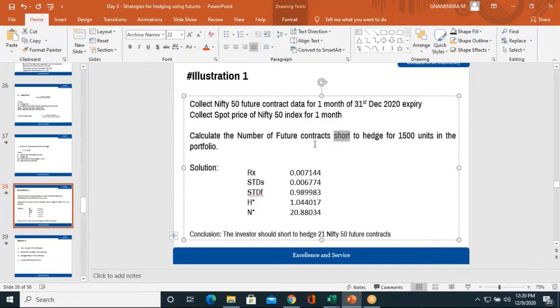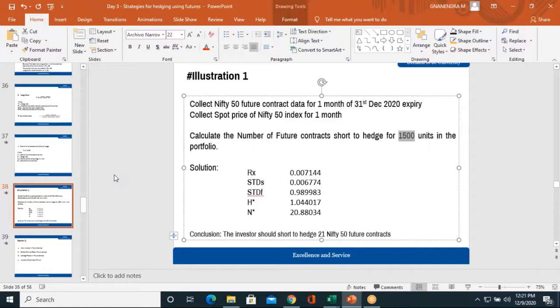Here I said I'm holding a portfolio of 1 lakh rupees. That means I've purchased stocks worth 1 lakh, which is 1,500 units. That is my assumption here. That means it is already in my portfolio, and I fear that the prices will fall.